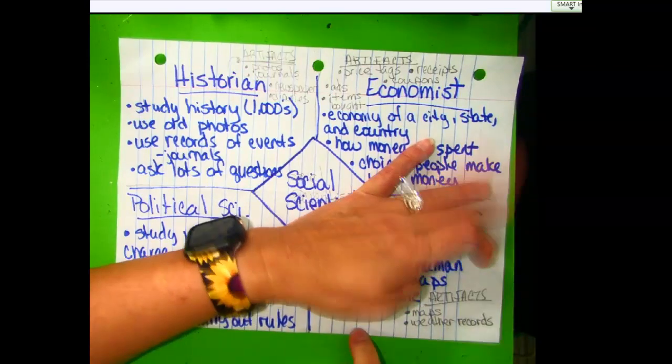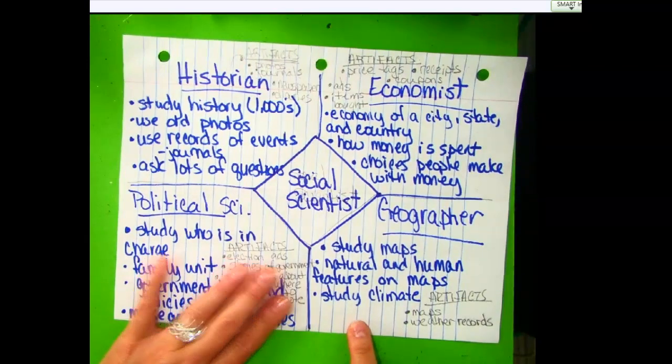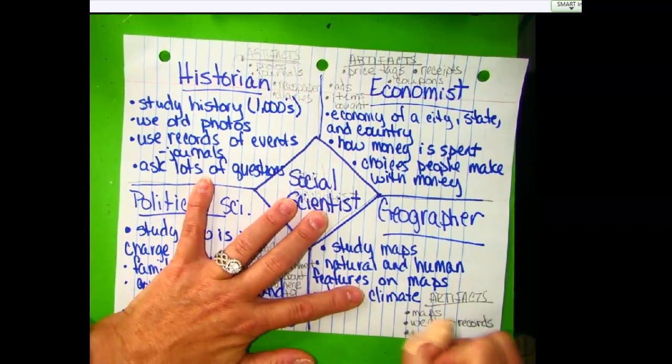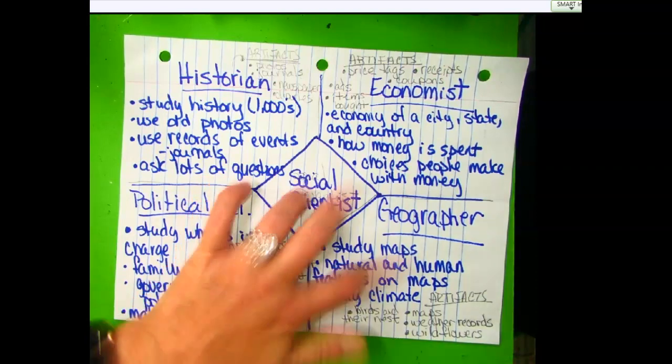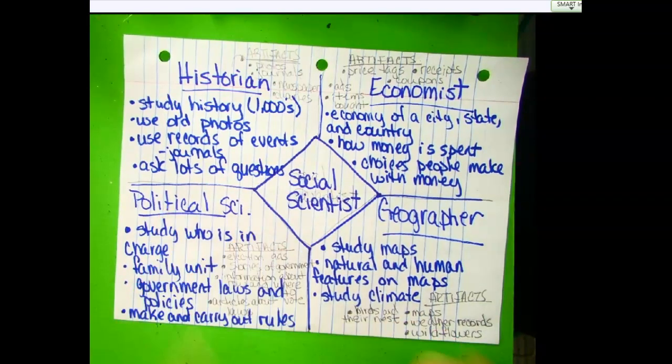There we go, it's a little better. Weather records, wildflowers, they would study birds and their nest. They might even study buildings and other things that humans have made.